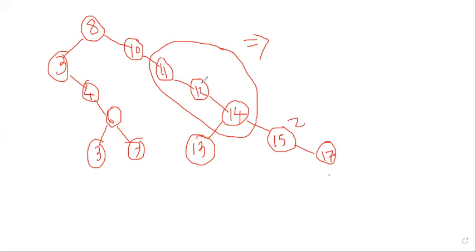You have to apply a zag rotation again. Why is it a zag rotation? Because X has the parent Y and the grandparent Z, and X is on the right side. Therefore, you have to apply the zag rotation.